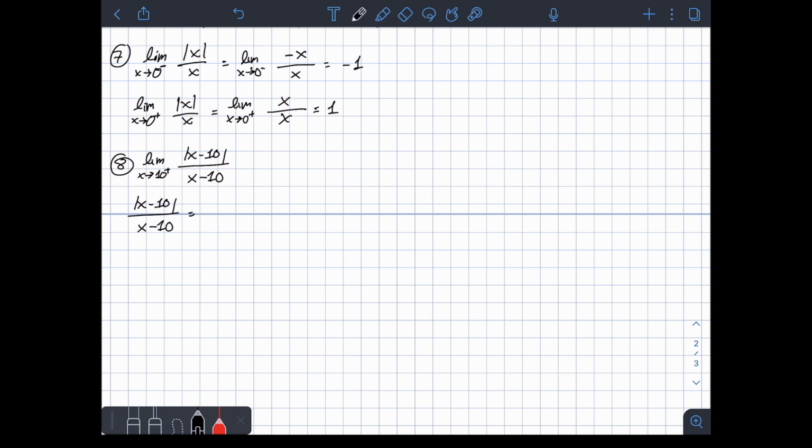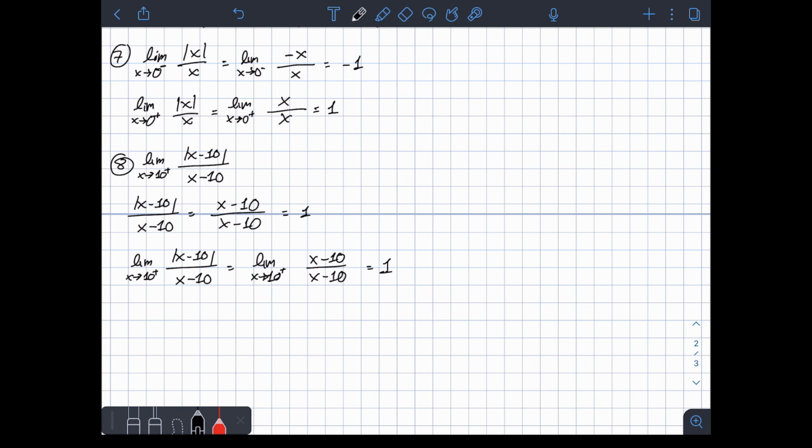When x is approaching 10 from the right, that would be the same thing as this, because x minus 10 is going to be positive, and the absolute value is equivalent to 1. And so the limit of this is equal to the limit as x approaches 10 from the right of just (x - 10) over (x - 10), and that is equal to 1.